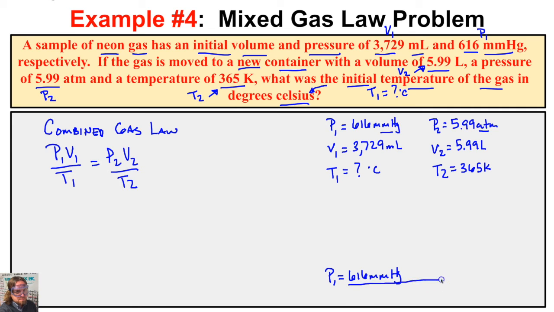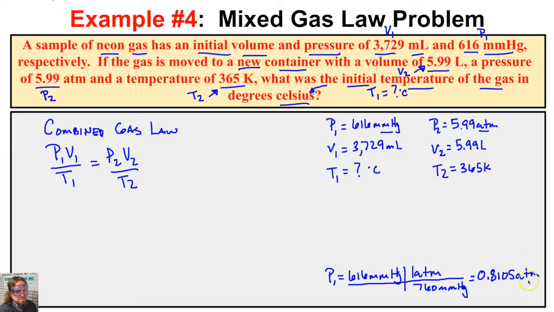We want to convert this to atmospheres. We know that 1 atmosphere is 760 millimeters of mercury from an earlier video. And so we'll put this in our calculator, and what we end up with is 0.8105 atmospheres.